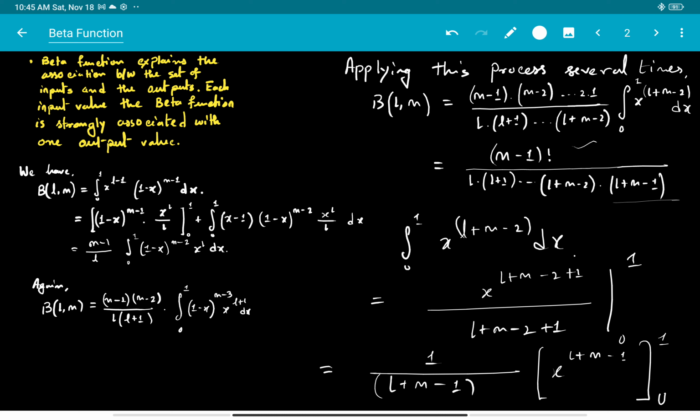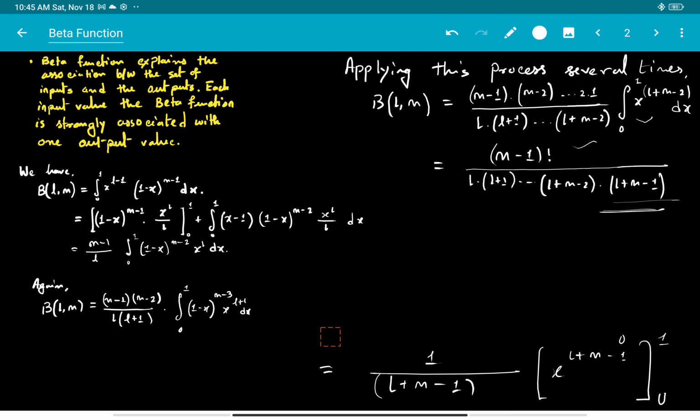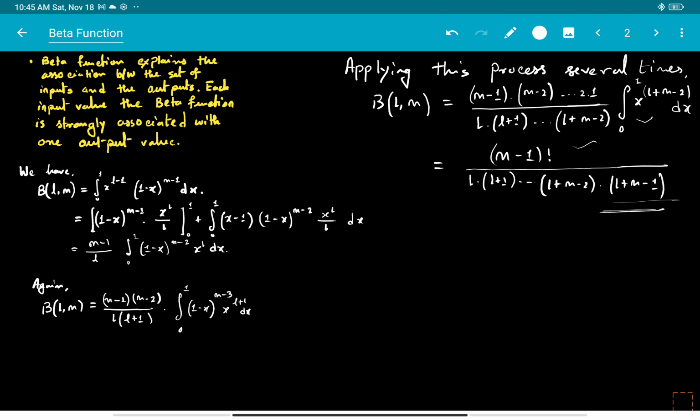So how are these things coming up? This entire thing, this l minus m minus 2, if you keep continuing this process numerous times, this 1 minus x factor will vanish, and we'll be left with the x terms, and the integral will be left with this part. This is what is happening actually. This is a bit tricky part of the evaluation of beta functions.